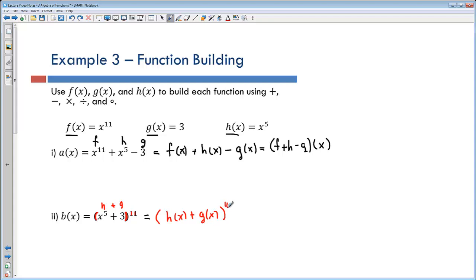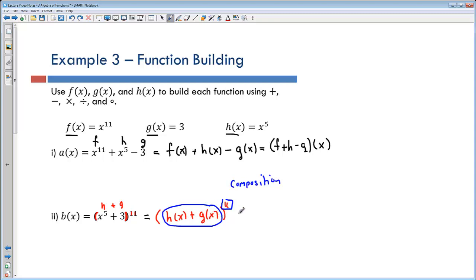Now here's where you have to think outside or inside of the box, depending on how you think about it. On this problem, you have an inside and you have an outside. That's where we get this idea of composition: a function inside of a function. The outside function is to the 11th power, and the inside function is h of x plus g of x.